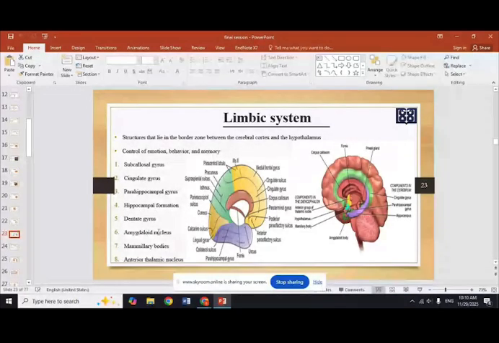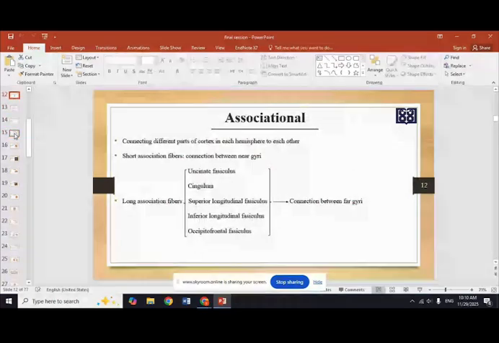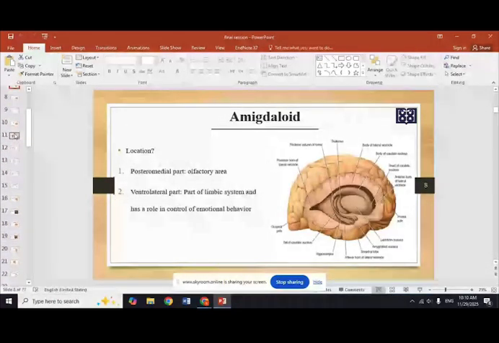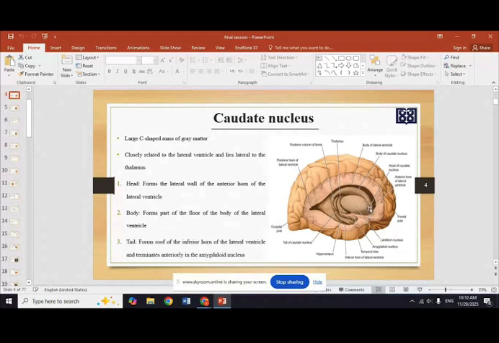The next one, the amygdaloid nucleus. If you remember, I told you we have the basal ganglia. Let me show you. One of the basal ganglia is the caudate nucleus. If you find the caudate nucleus and then continue and find the tail of the caudate nucleus, you reach the amygdaloid nucleus, this one.